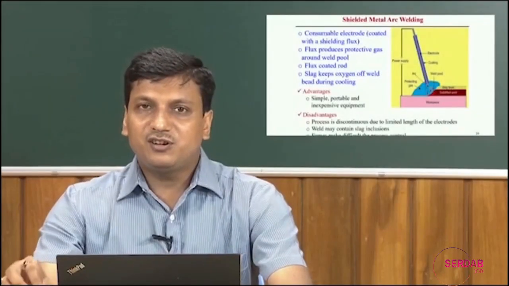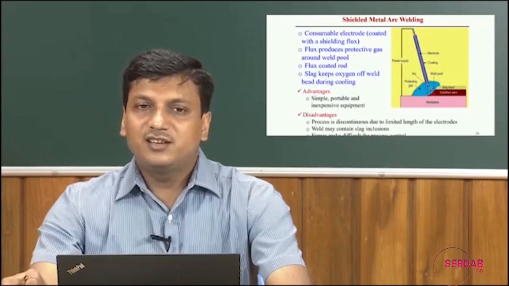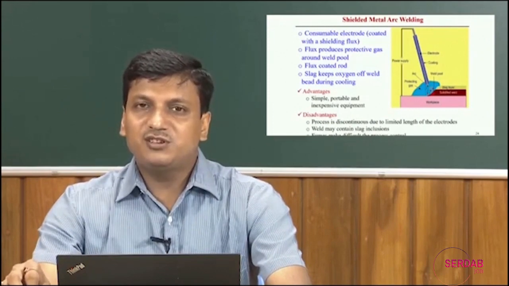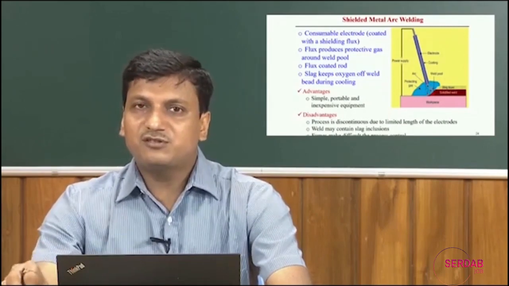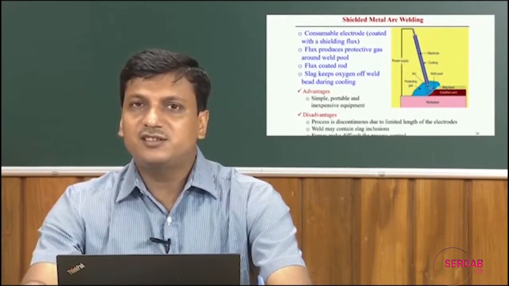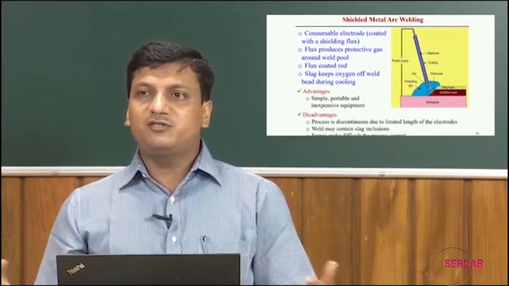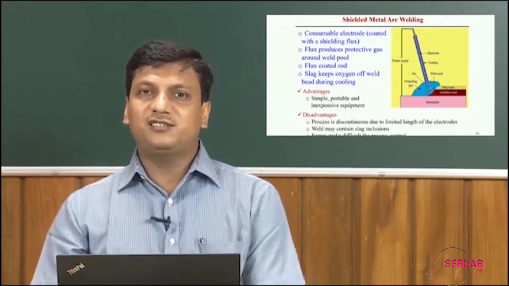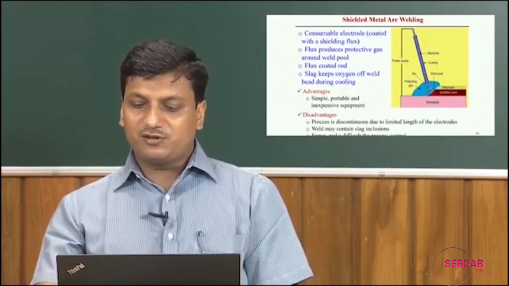And because the welding process creates the protective gas, it is very difficult to control the process. In that sense, this process is not converted to an automatic process, and that is why it is mostly used as a manual process.